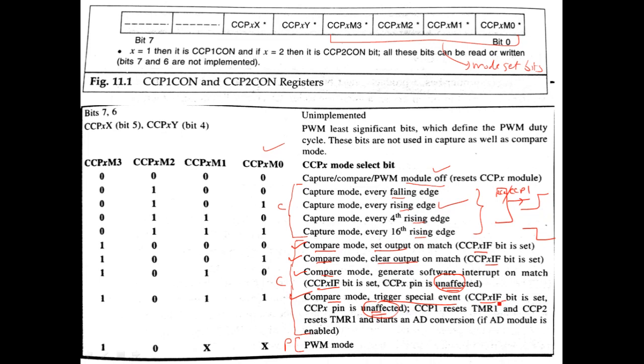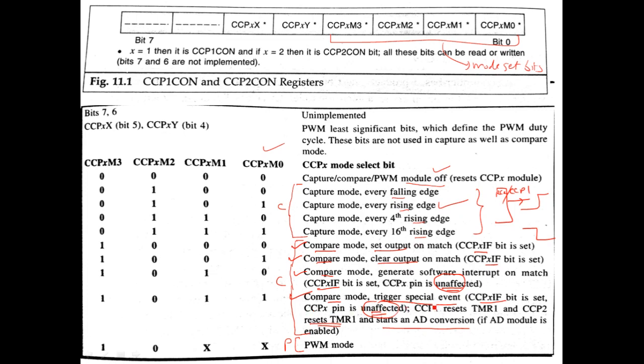And in this option, it starts the A to D conversion. And one more thing which occurs here is that timer 1 is reset automatically. So this particular option can be used to trigger the A to D conversion after a definite interval of time repeatedly.